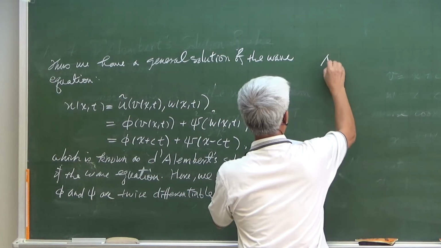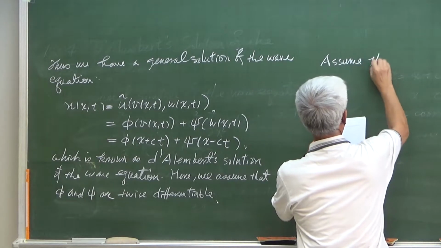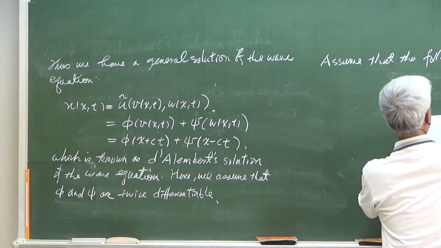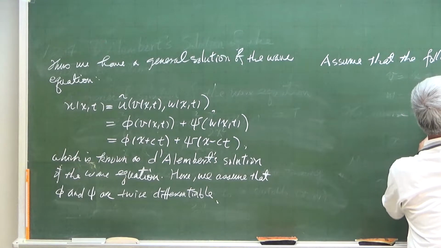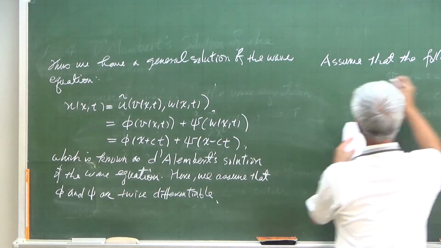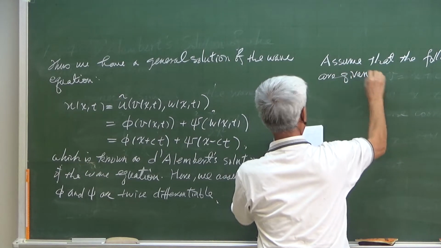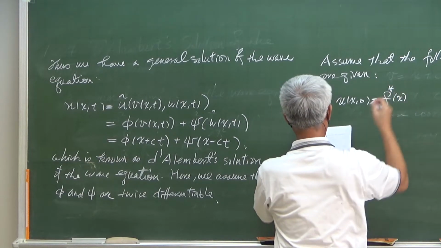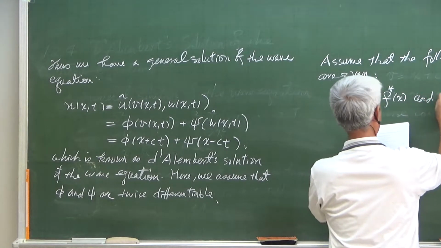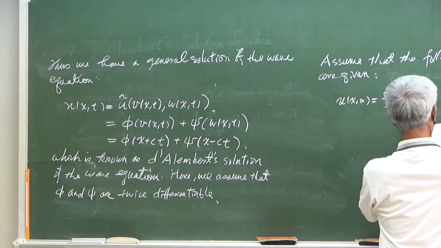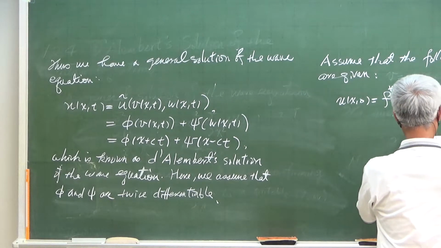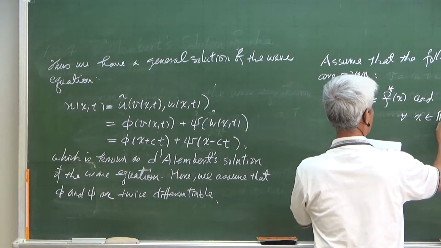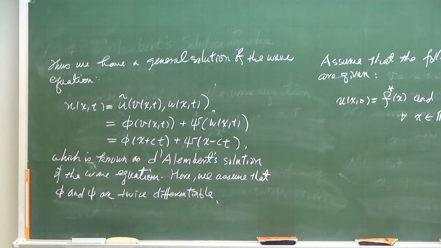So assume that the following initial conditions are given. u of x, 0 is equal to f star x, and u_t of x, 0 is equal to g star x, for all x in R. So suppose we have initial conditions.